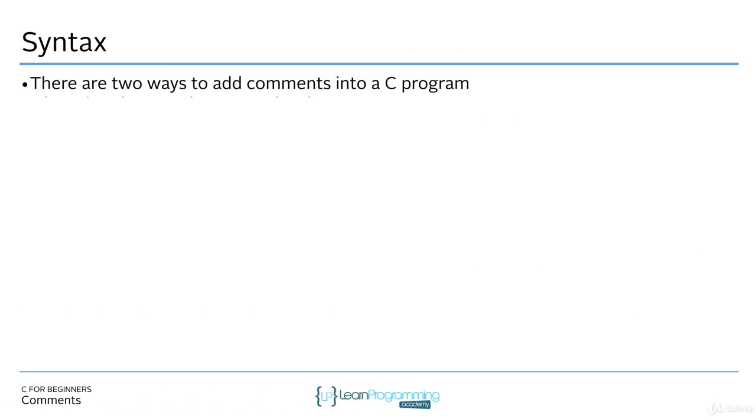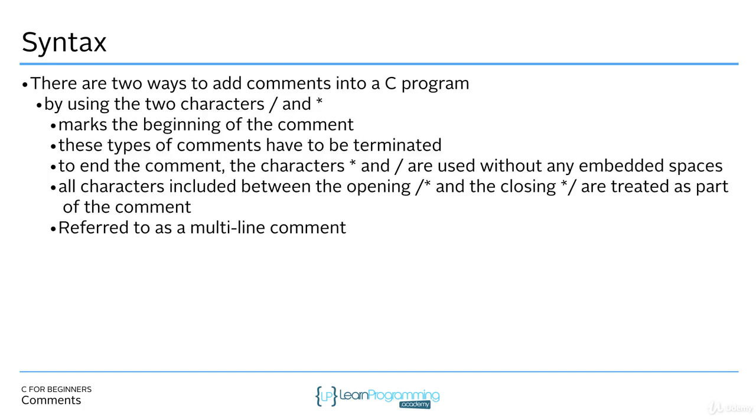The syntax for providing comments in your code is there's two ways you can provide comments in your code. And again, this is very, very similar to Java, very similar to many languages. But in C, you can either have multi-line comments or single comments. If you use two characters, the / followed by the asterisk, this will signify a multi-line comment, a comment that spans many lines. And the /* marks the beginning of that comment.